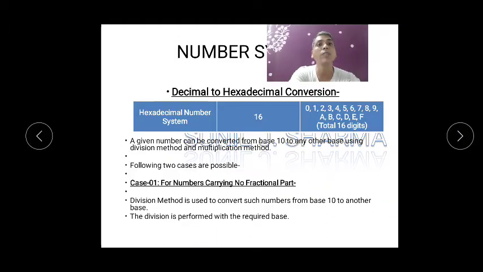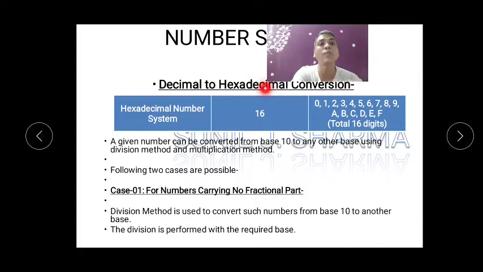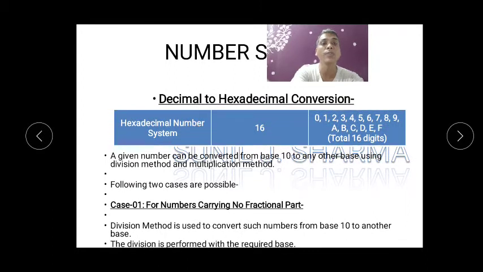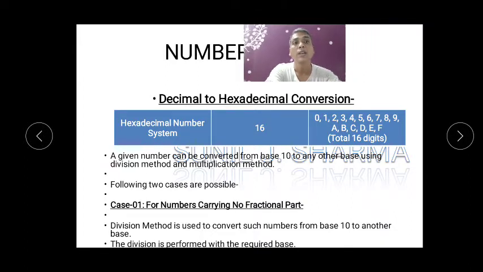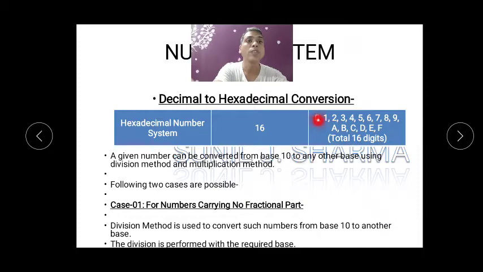Now we will be changing our topic to decimal to hexadecimal. Before we start this topic, everyone should know what hexadecimal numbers are. For hexadecimal, we represent the base by 16, or sometimes also by h. Hexadecimal, as the name indicates, hexa means 6 and decimal means 10.